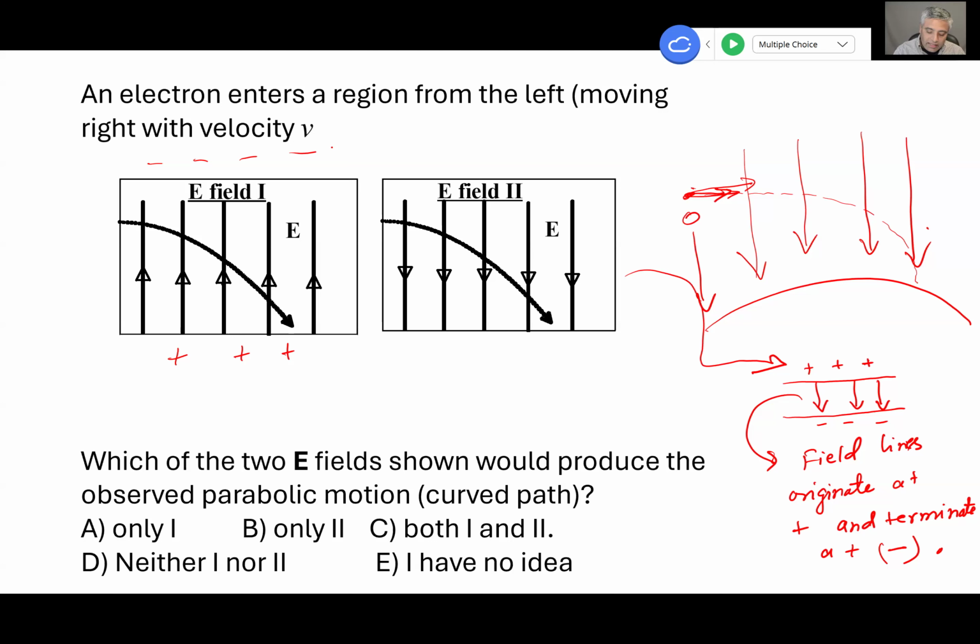So if I have a positive charge here and a negative charge, and I release an electron, this electron being a negative charge gets pushed by that and pulled by this. That means it's going to move towards this positive charge, right? A negative charge gets attracted towards the positive charge. That is like saying unlike charges attract.